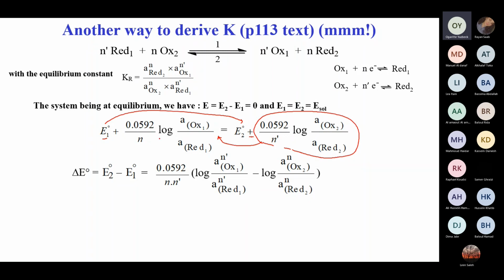Notice that's what we have, and I factored out the 0.0592 over N here as a common denominator, N1, N and N1. It's factored out. That means it's already multiplied through.